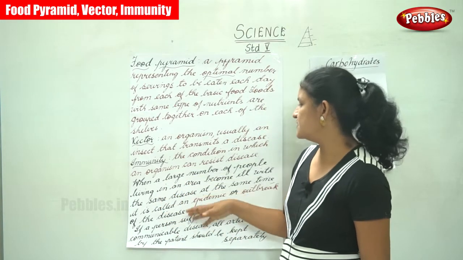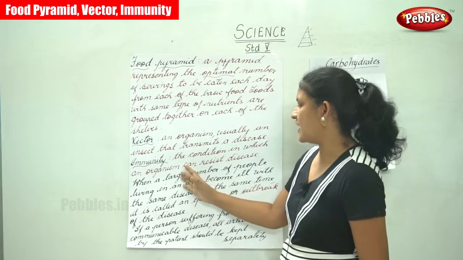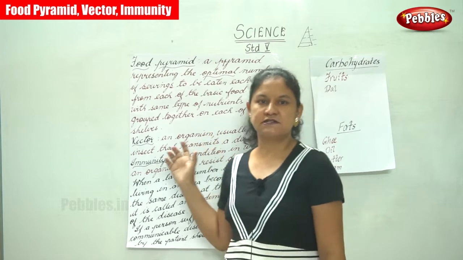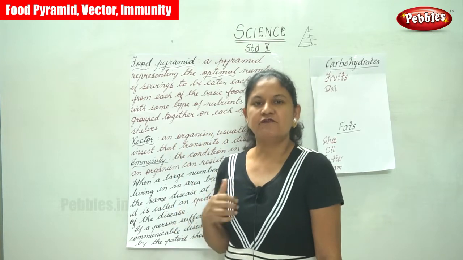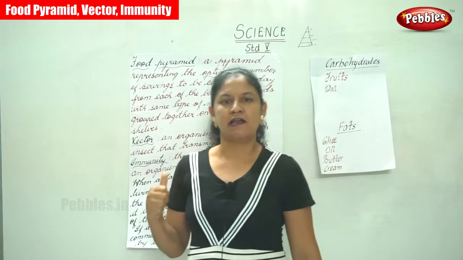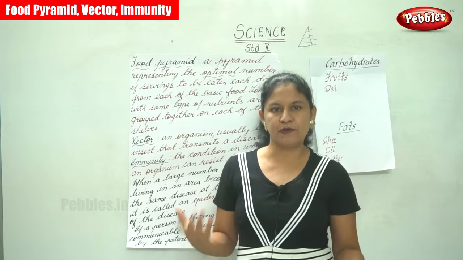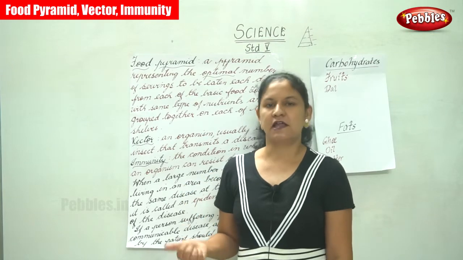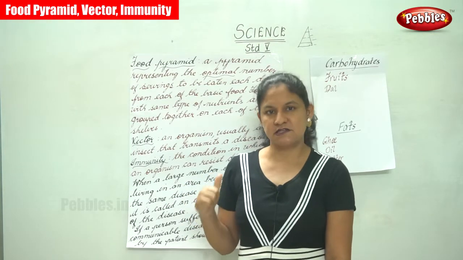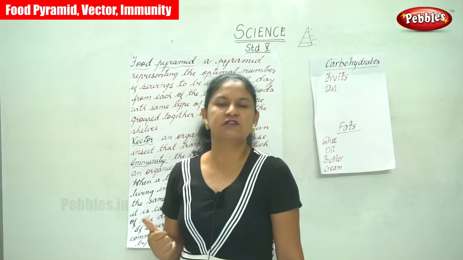So immunity is the condition in which an organism can resist disease. If our body has sufficient immunity, and if we are among unhealthy or infected people, then we can fight the disease because our body has the immunity.